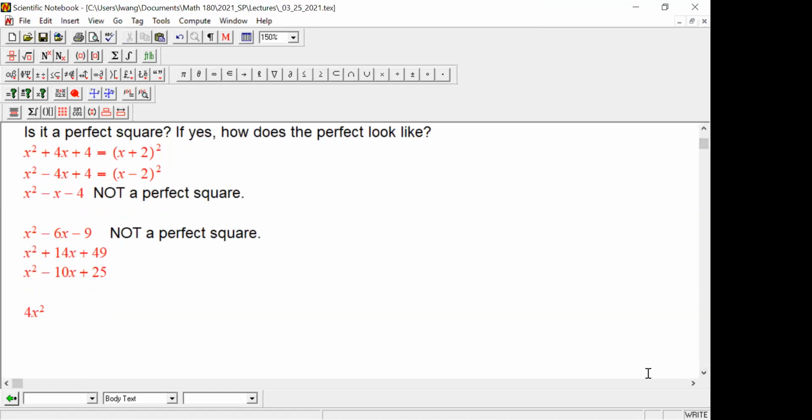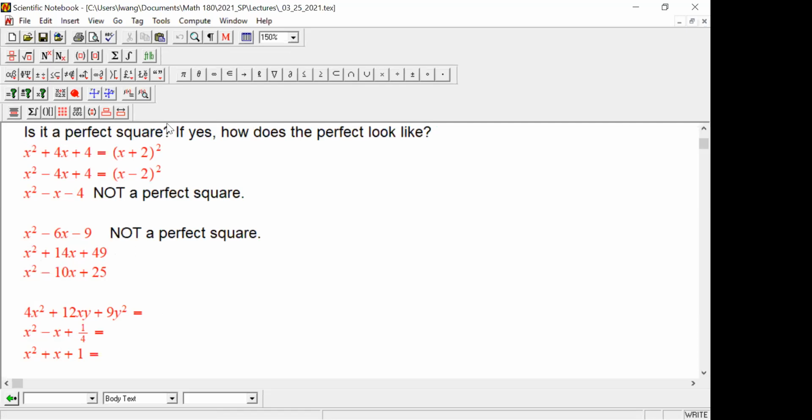Okay, so I'm going to give you one more set. Okay, these 2, are they perfect squares?